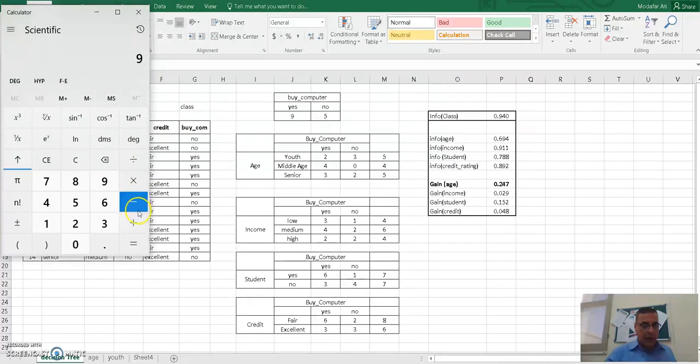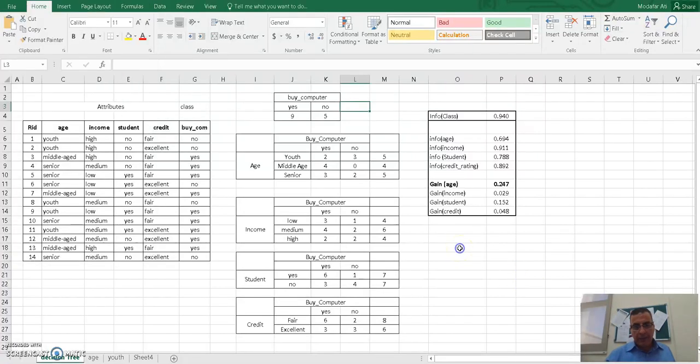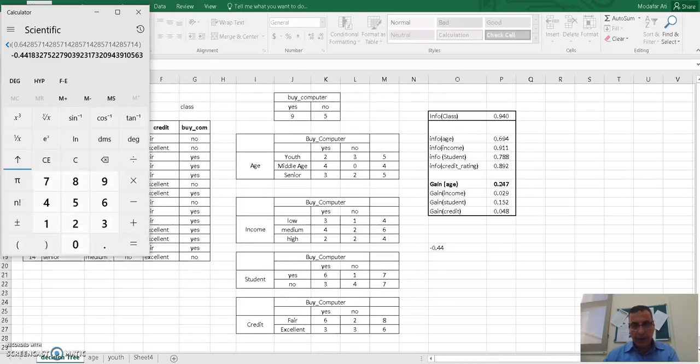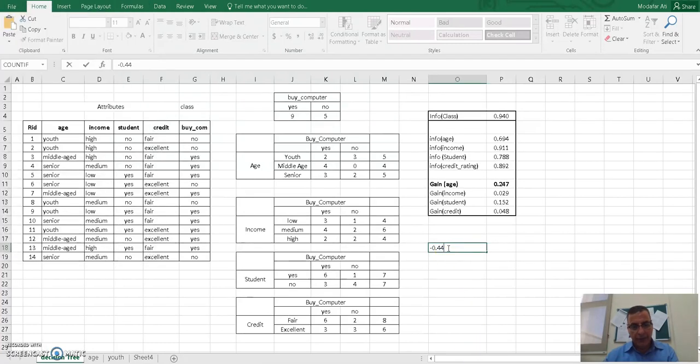It's 9 over 14. Take the ln of that, which is minus 0.4418. So let me write this one down here. Minus 0.4418.